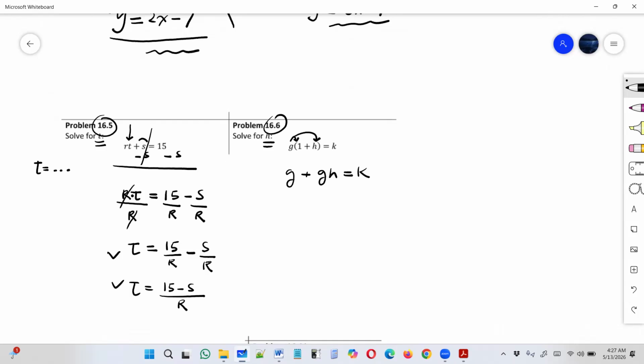We begin by removing this g. So subtract g on both sides. Notice that this is subtraction because, for example, if I had something like gh plus 5 equals k, to get rid of this positive 5, we just subtract on both sides. So this is exactly the same thing.